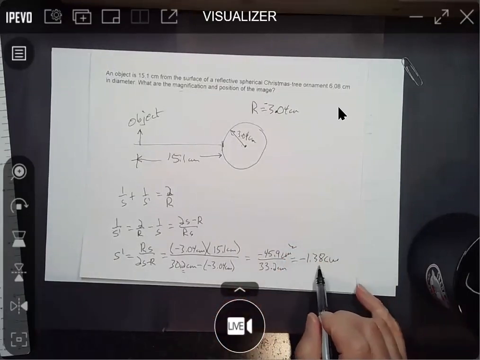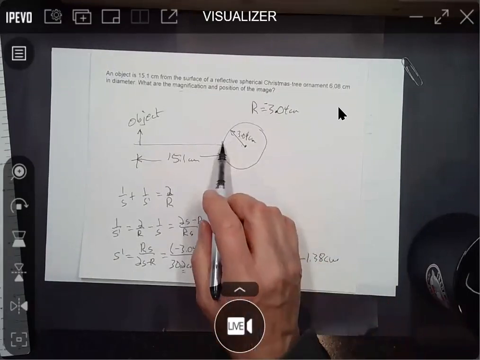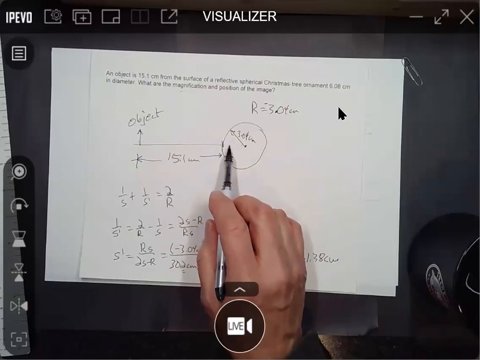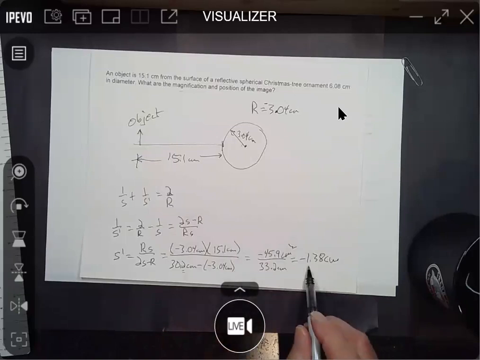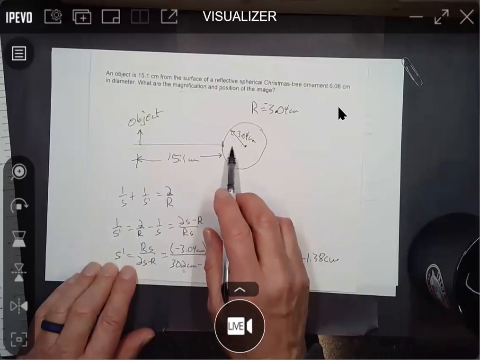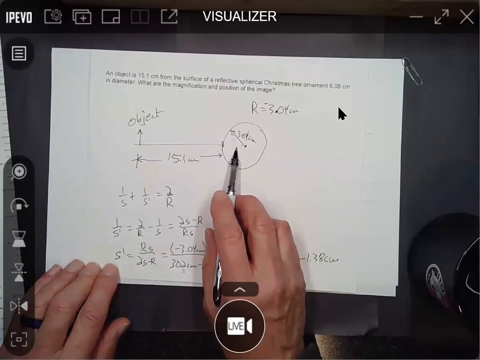The image is going to be 1.38 centimeters behind the mirror, so it'll appear to be there. And the minus sign tells me that it's behind, so it's going to be a virtual image.